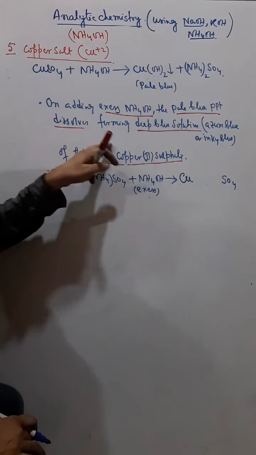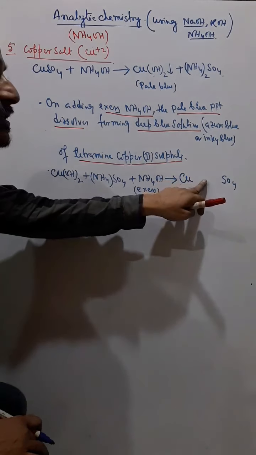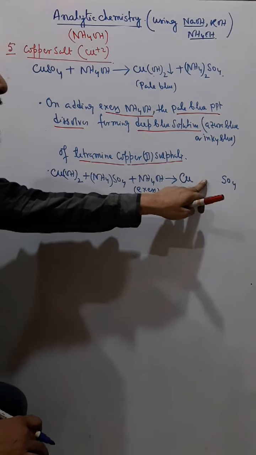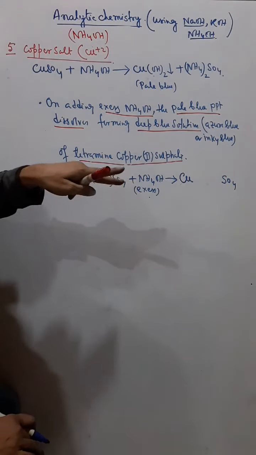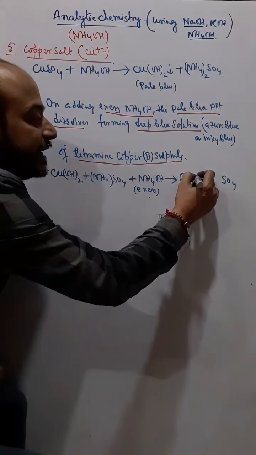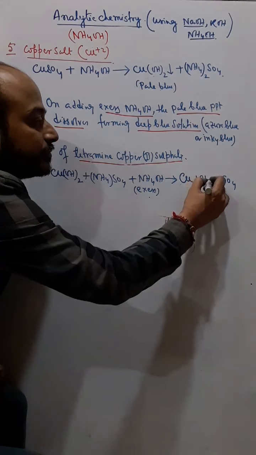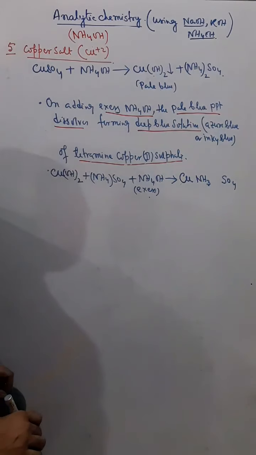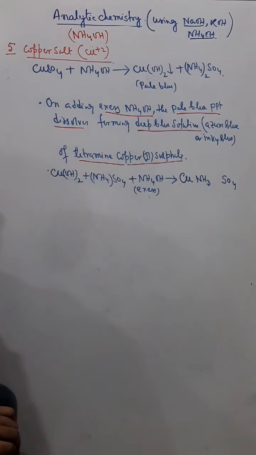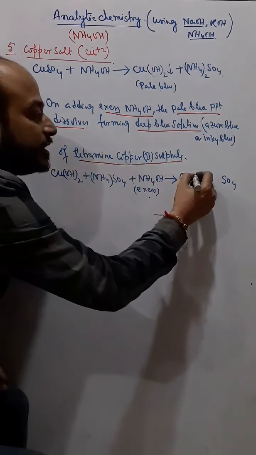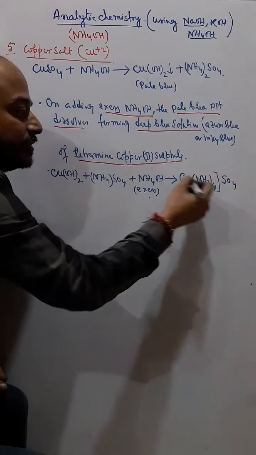Now you have to put tetramine inside it. Tetramine, amine means ammonia, that's NH3. Tetra means 4, so it becomes (NH3)4, and then you give a bracket.